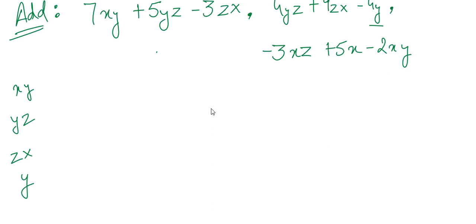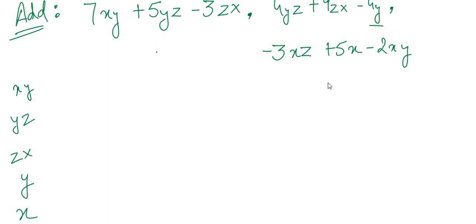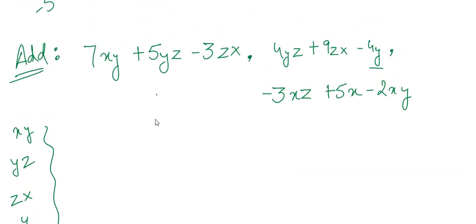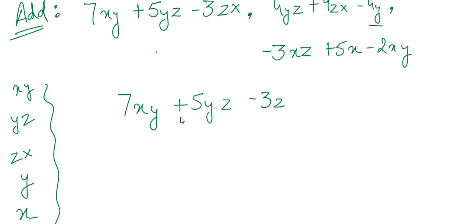So that's why I'm separating xz. I am not having only alone x, so I would be writing x here. xy I have. So I have these 5 kinds of terms in my complete 3 expressions. So what I would be doing is just write separate 7xy, okay, plus 5yz minus 3zx. Okay, I'm having something like this.